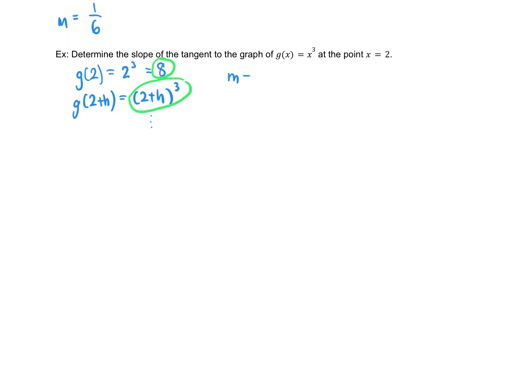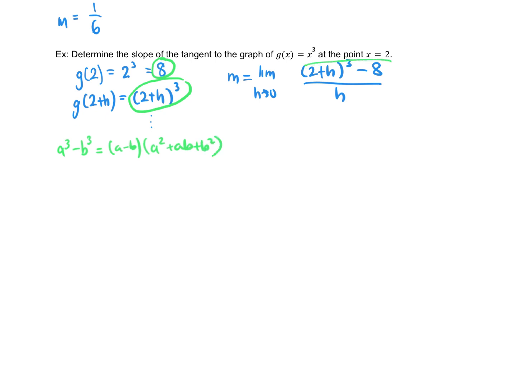So the slope of the tangent line will be the limit as h approaches 0 of (2 plus h) cubed minus 8, all over h. I'll put a little reminder that a difference of cubes, a cubed minus b cubed, equals a minus b, so the cube root of the two original terms, times a squared plus ab plus b squared.